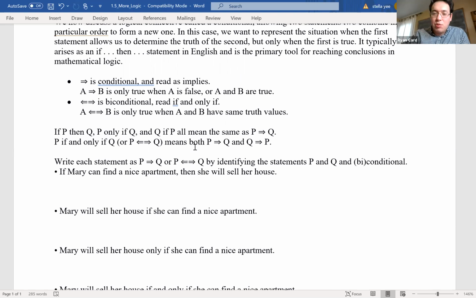So kind of like the translating that you've done with the other connectives, and, or, and not. So I invite you to pause this video and try it out. And then maybe I'll come back and talk about a couple of the tricky sentences. So go ahead, try it.